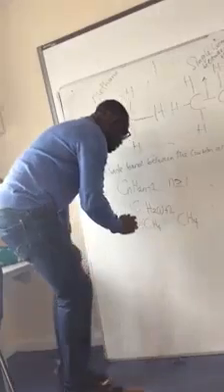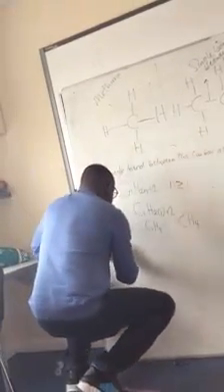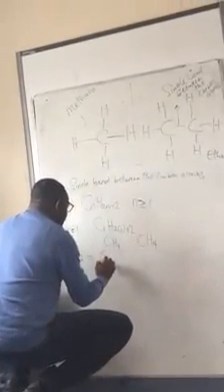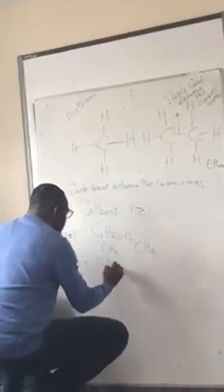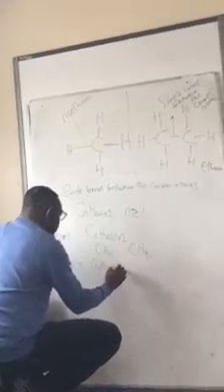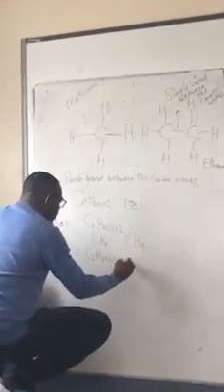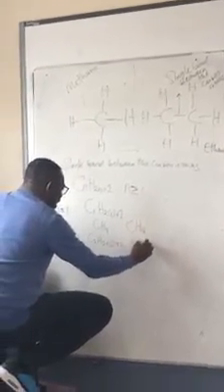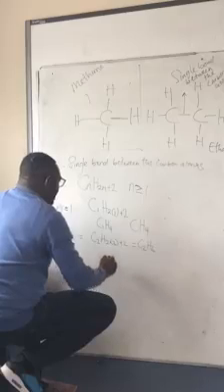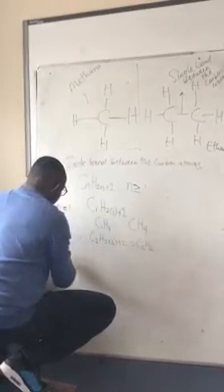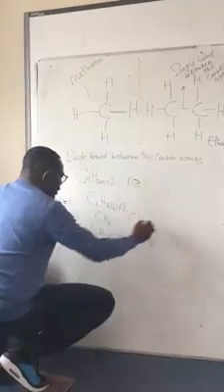So the second one, if n equals 2, that will be C2H2 times 2 plus 2. So that will be C2H6.